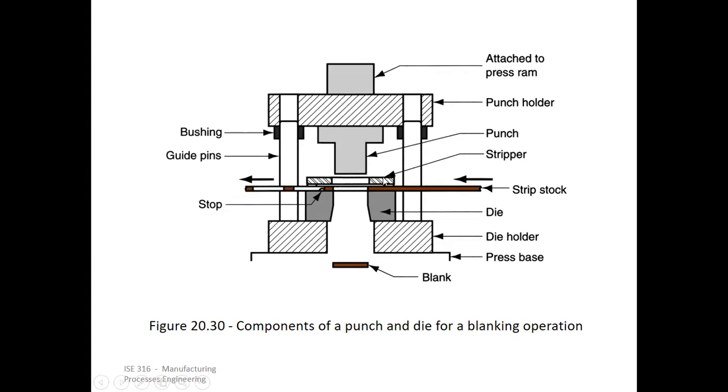But here you have the stripper, the stripped stock, basically the stock that is fed. As we said, hot rolling is one process where you roll sheets from higher thicknesses to lower thicknesses.